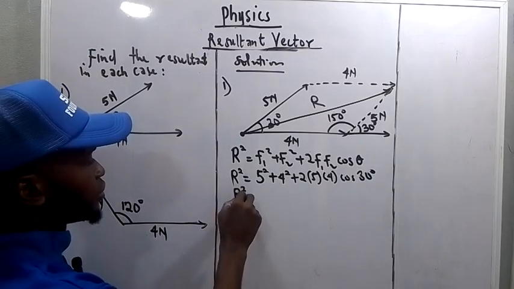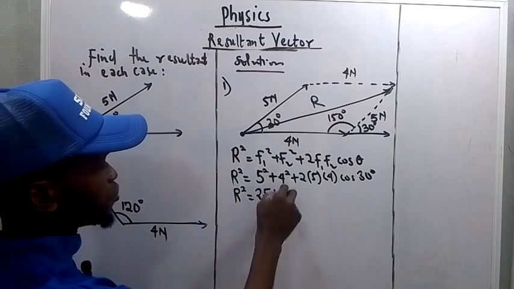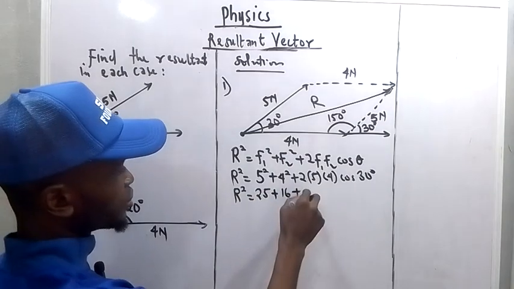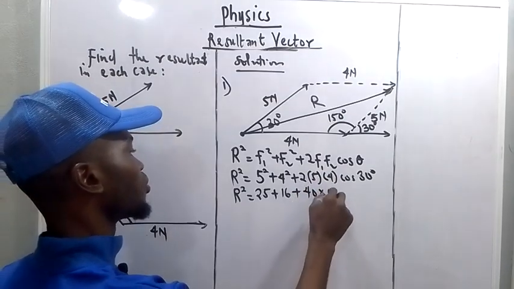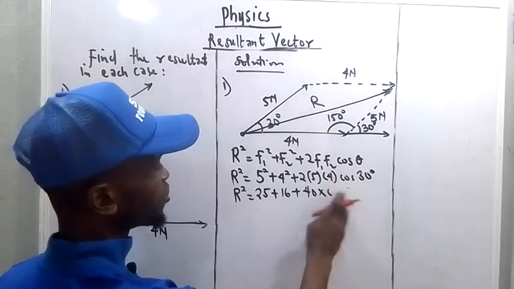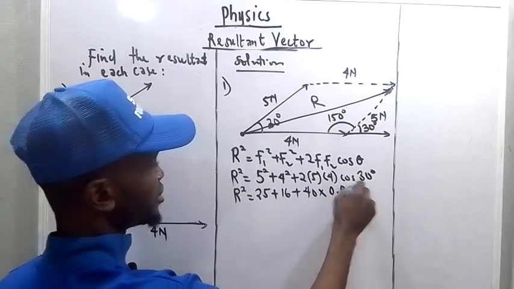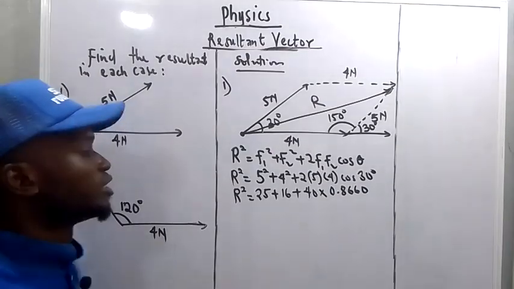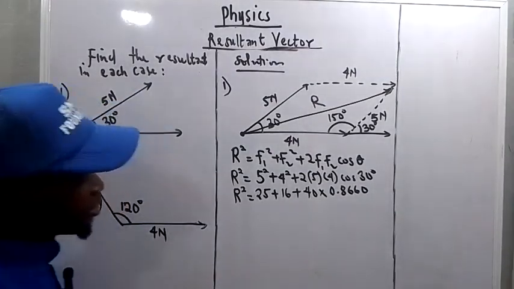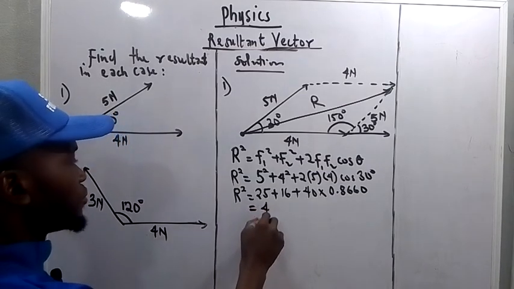R squared will be equal to 5 squared, which is 25, plus 4 squared, which is 16, plus 2 times 5, 10, 10 times 4, we have 40 times cos 30, and cos 30 is 0.8660. Now we need to add 25 plus 16. That's going to give me 41.